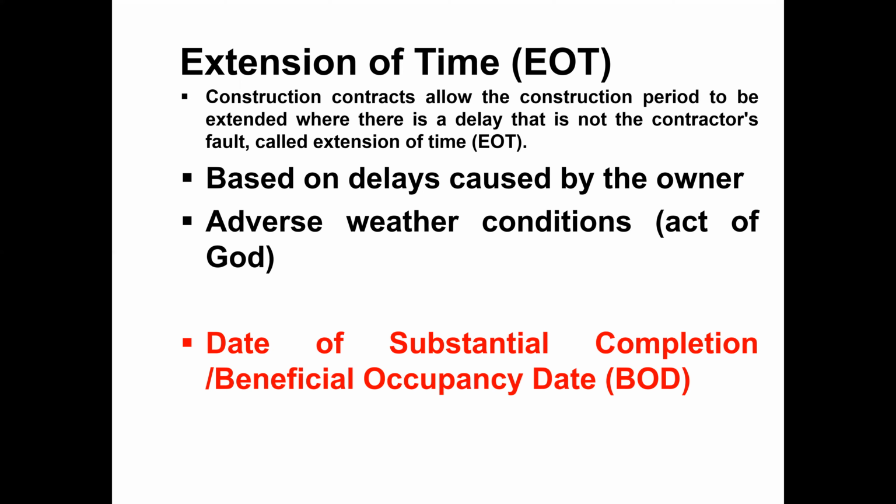People can occupy it, people can move in, they can utilize that project. In a high-rise building, some landscaping and tree plantation outside can be done later. So the project can be used for the purpose it was designed for, and we call it substantially complete.